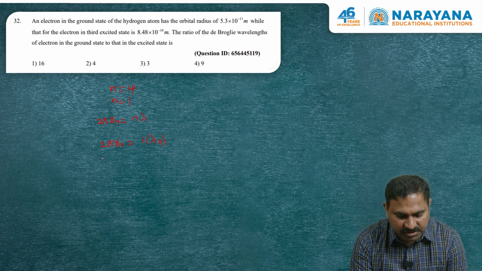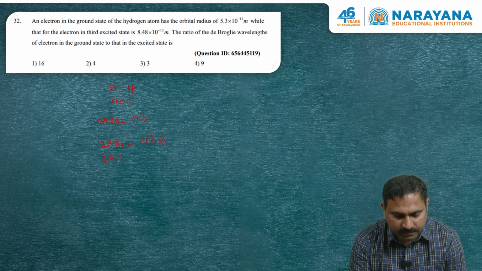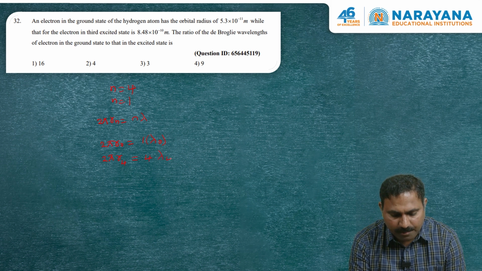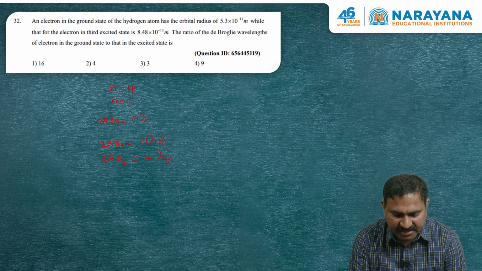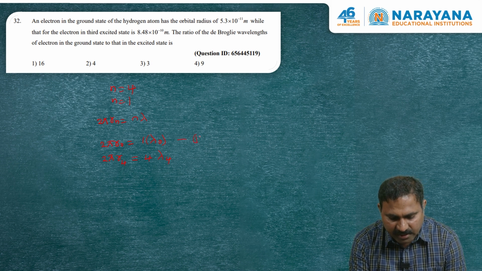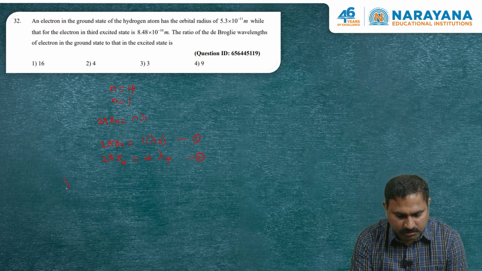In case of the fourth state, the same thing: 2 pi R4 equals 4 times lambda 4. He is asking for the ratio of ground state to excited state. Let this be equation 1 and this be equation 2.